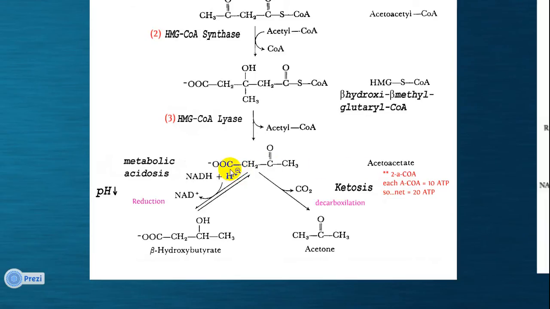Now the acetoacetate has another 2 pathways. Either it can form acetone if it undergoes decarboxylation. Decarboxylation means to lose a CO2. So if it loses a CO2, it will be acetone. Or it can form the hydroxybutyrate. If it is reduced, which means adding hydrogen atoms to this compound, it will form the hydroxybutyrate.